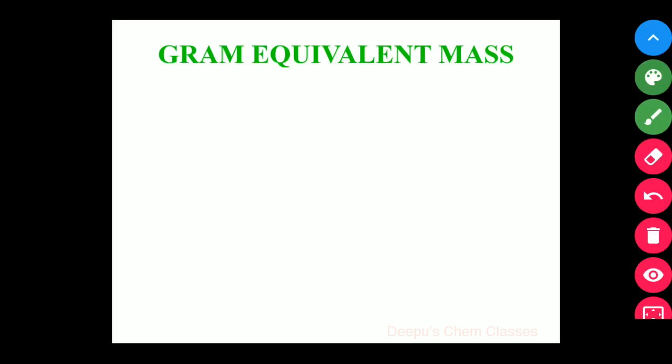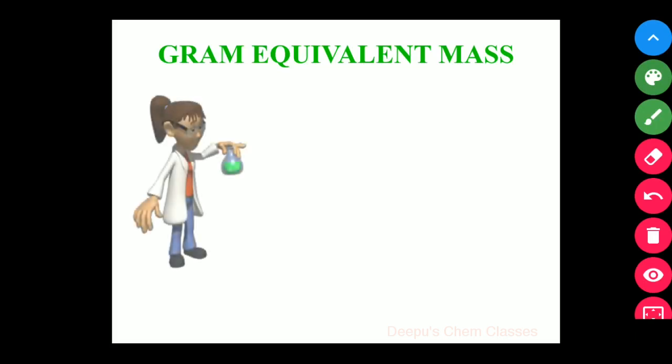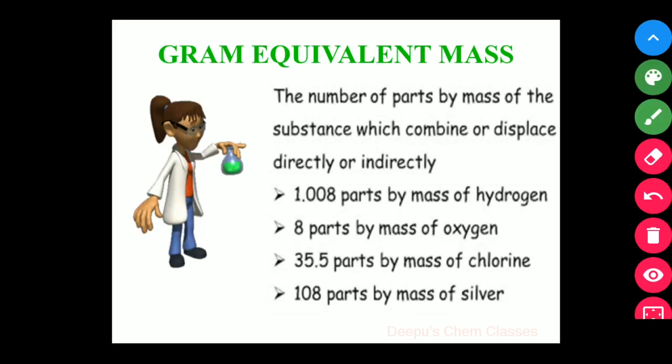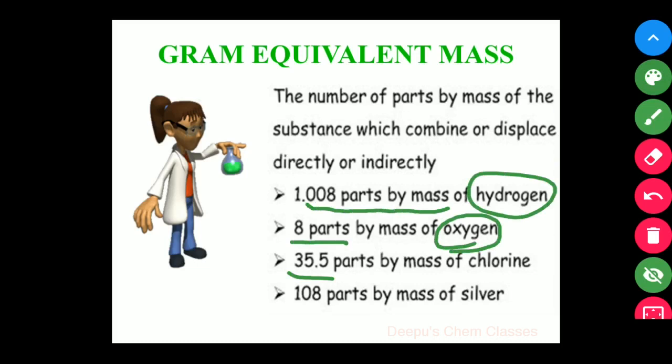The gram equivalent mass is the mass of the element, or number of parts by mass of the substance, which can either combine or displace, directly or indirectly, 1.008 parts by mass of hydrogen, or 8 parts by mass of oxygen, or 35.5 parts by mass of chlorine, or 108 parts by mass of silver.